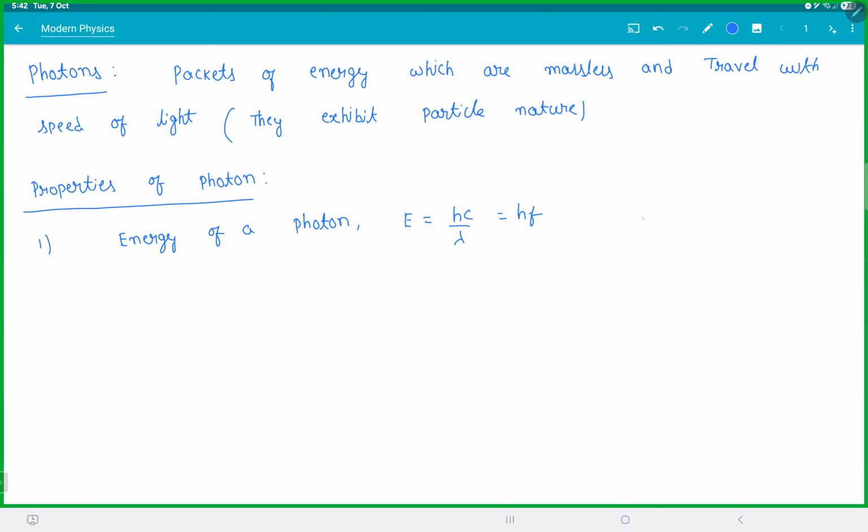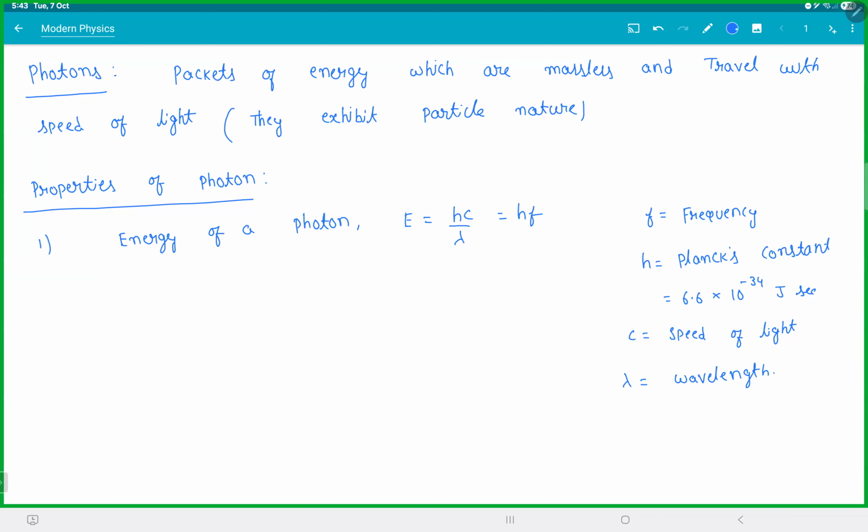I am using f for frequency here. h is Planck's constant, 6.6 × 10^-34 joule second. c is the speed of light. Lambda is wavelength. If you substitute all these values here, you'll get energy in joules.